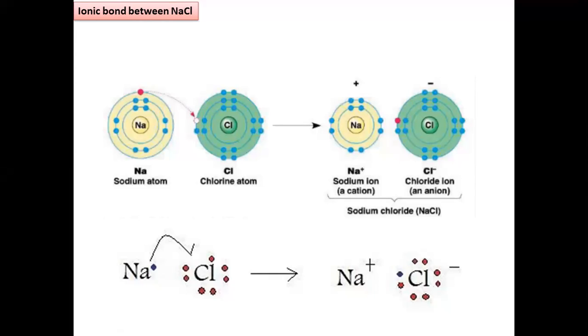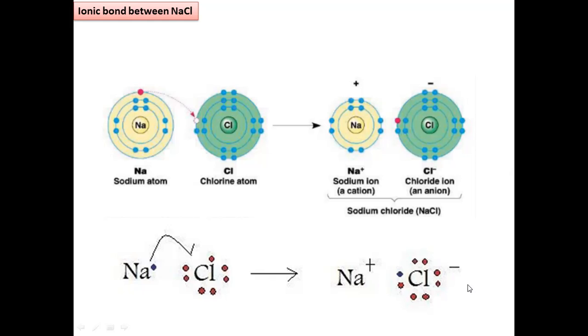So you have to start from the circular path, filling the electrons in the shells, then write down the electronic configuration, and then with the movement of one electron from the metal to the non-metal, they become electropositive and negative.